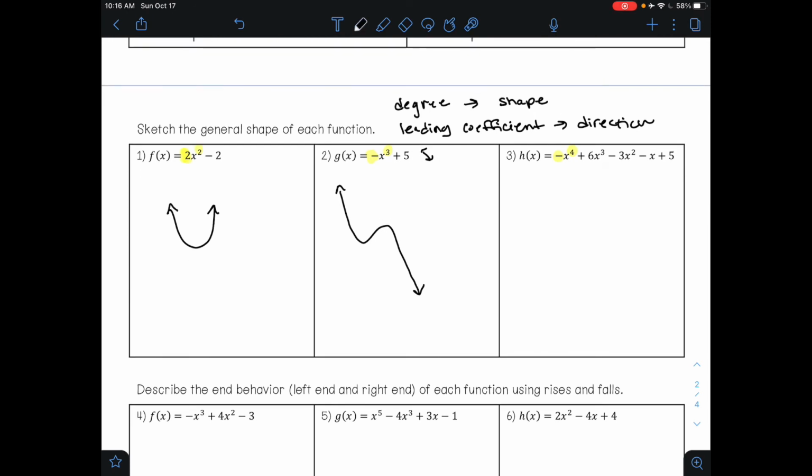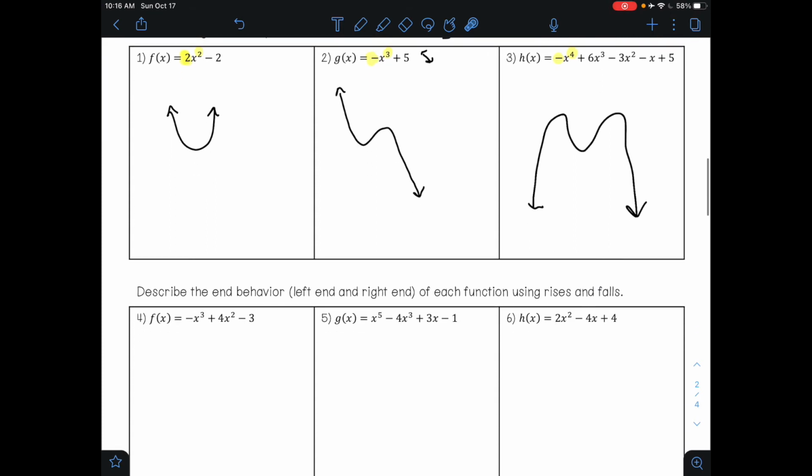So in general, this one would look like this. That's all it's asking you to do, just sketch the idea of what you'd be looking for if you were to graph this. Because if I graphed this function and got a line, that would be a red flag. I know this is not supposed to be a line. It's quartic, so it's got to be either an M shape or a W shape.